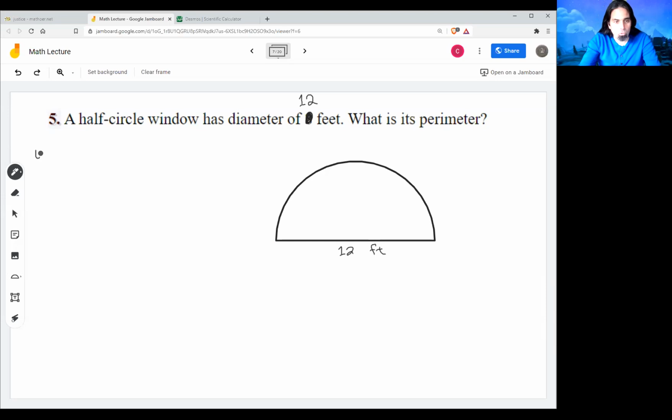So the whole circle circumference, perimeter, whatever you want to call it. How big is it if we wanted to actually go all the way around the circle? Pi times diameter.